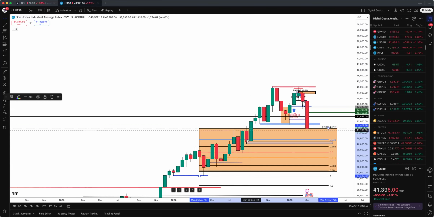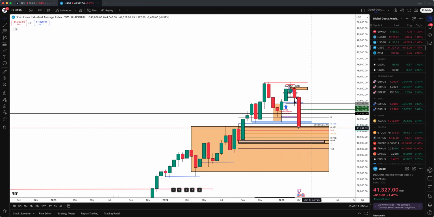It's been shooting down, but it's also been struggling. And the fact that this is a 382, we're in the consolidation territory and hovering at the 38 percent of this candle right now. If the market turns around from these zones, that would make logical sense because it's in that high momentum territory.